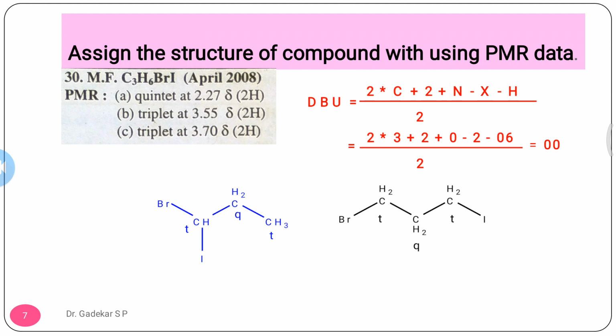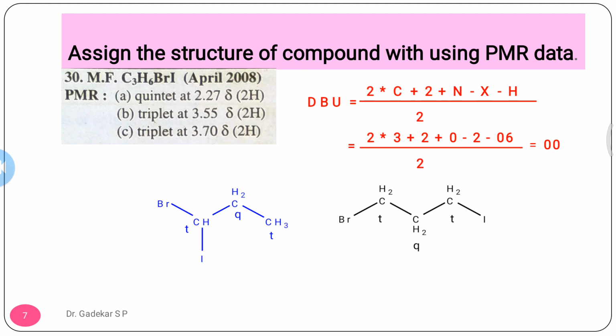Triplet, 2 hydrogens, it means neighboring 2 hydrogens. There are different chemical shifts, delta values. Triplet 3.25, triplet 3.70. What is the difference?